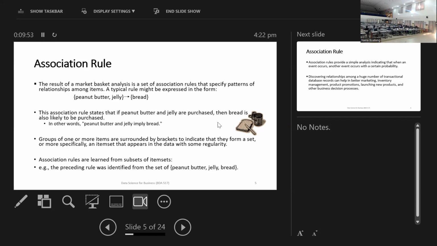That is a concept. In this case, the consequence is bread, and the one that comes before is the peanut butter. So that is the antecedent, and then the consequence. Are you okay on that? Oh, yeah, all right.